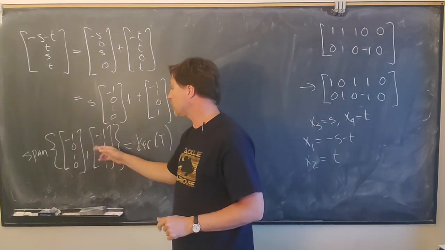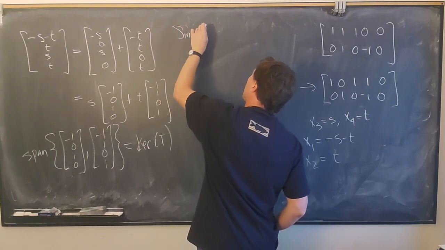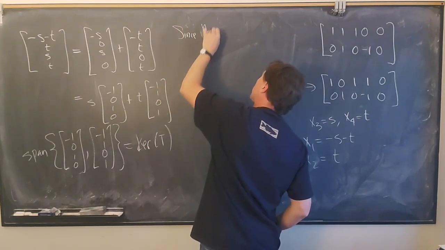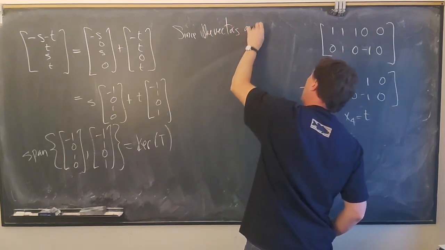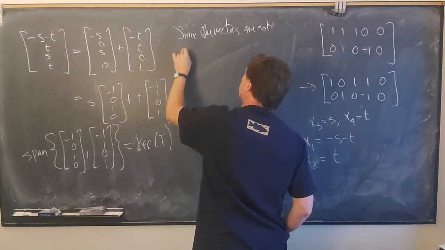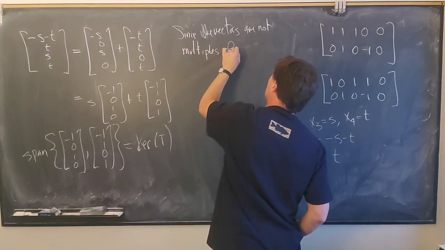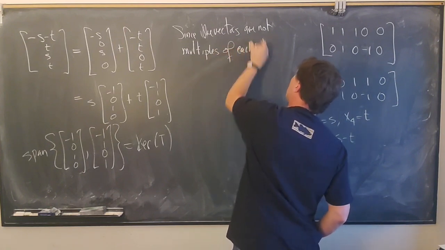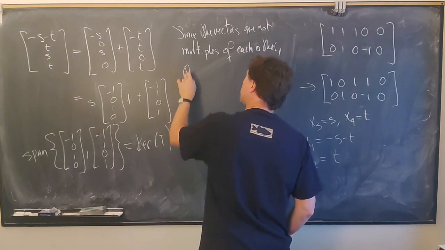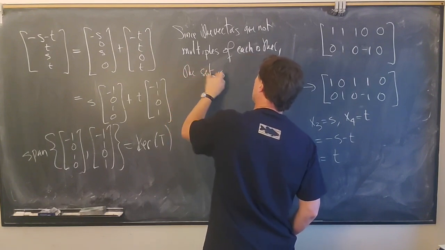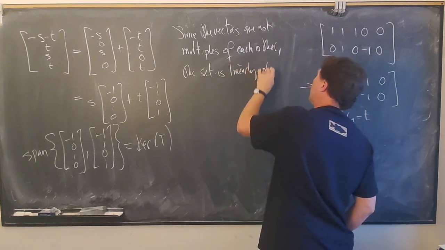Since the vectors are not multiples of each other, that tells us the set is linearly independent.